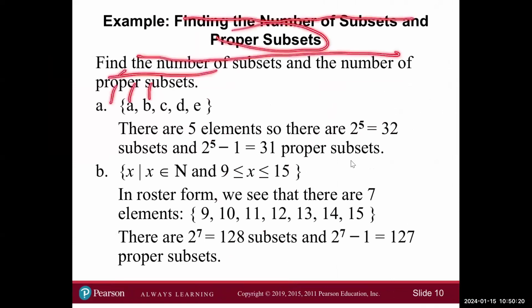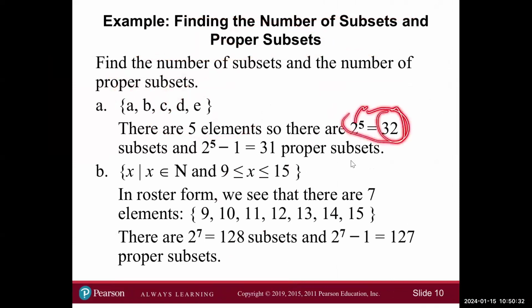For the set {A, B, C, D, E}, there are 5 elements, so 2 to the 5 is 32 subsets, and proper subsets 2 to the 5 minus 1, so 31 proper subsets. For B, the set of x such that x is a natural number between 9 and 15, the roster form is 9, 10, 11, 12, 13, 14, 15.